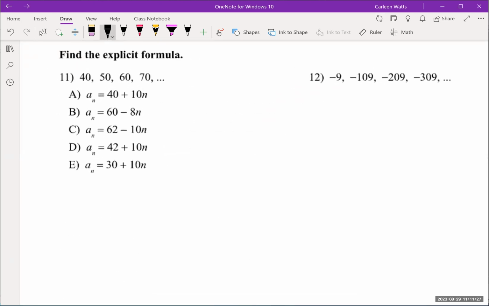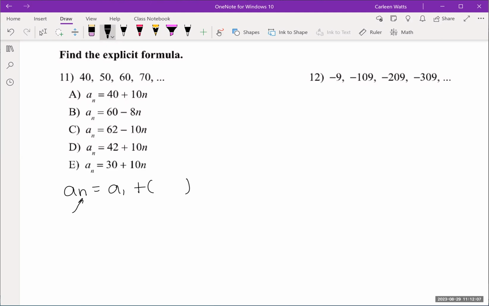Explicit formula. What is the generic formula to find the explicit formula? A sub n is equal to, what goes first? 40. Yes, but what I was going for was a sub 1. Plus, what goes in the parentheses?